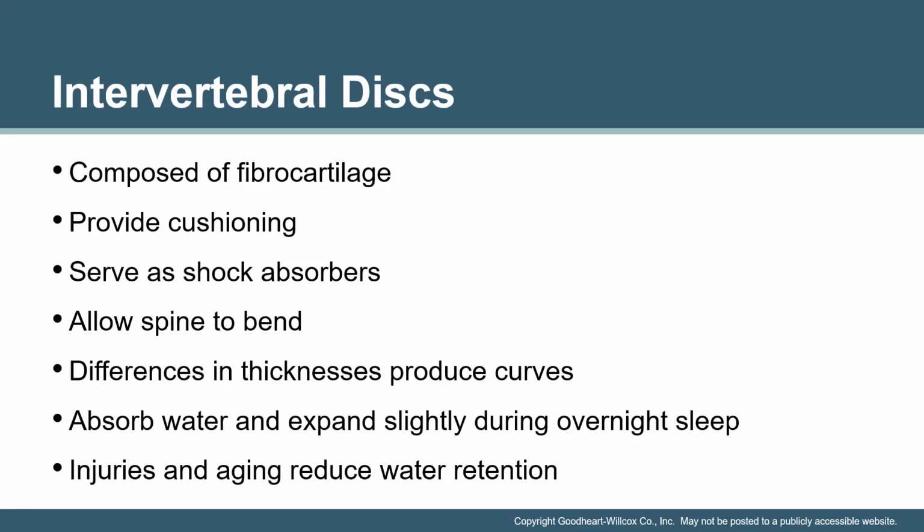We learned that in our tissue section. This will provide cushioning between all of the articulating vertebral bodies that are not fused. This will help shock absorb. It does deliver a little bit of movement, but not an exaggerated amount of movement in comparison to other kinds of joints and their composition.